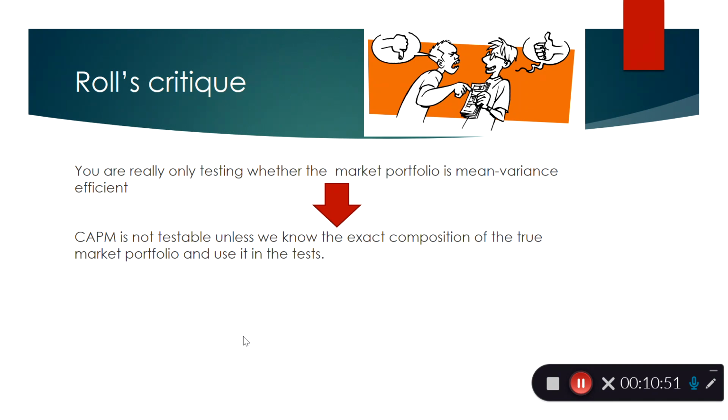And if that's not, because you don't know if that's true or not, then CAPM itself isn't really testable unless we know the exact composition of the true market portfolio and use it for our tests.